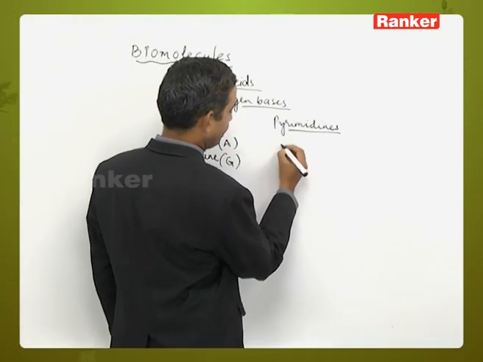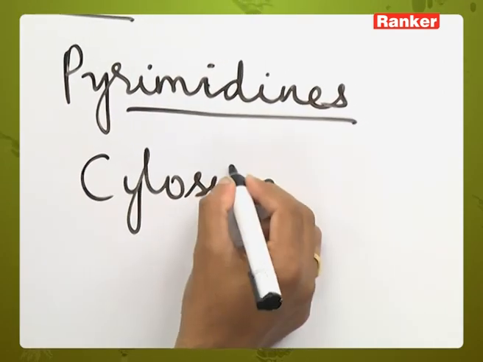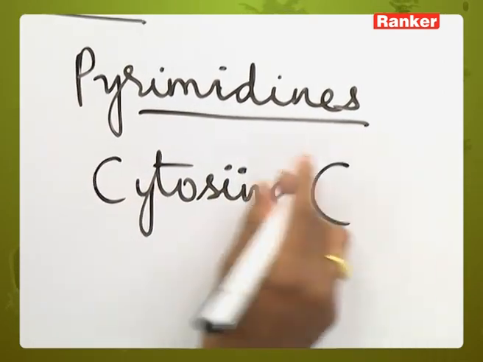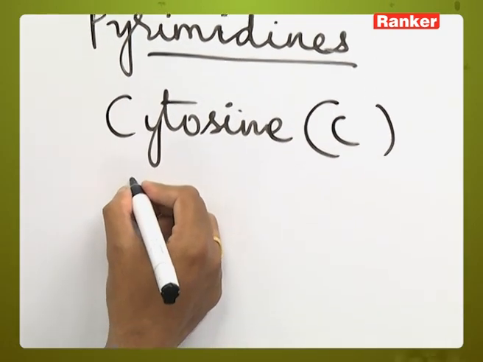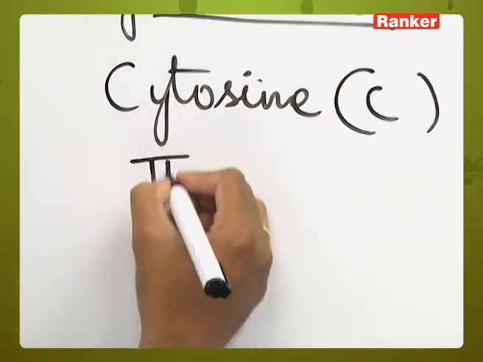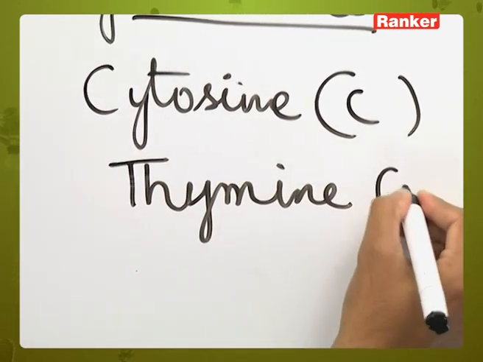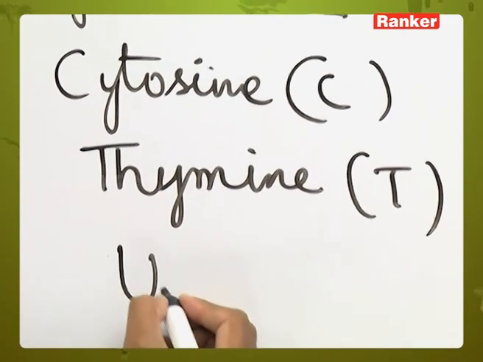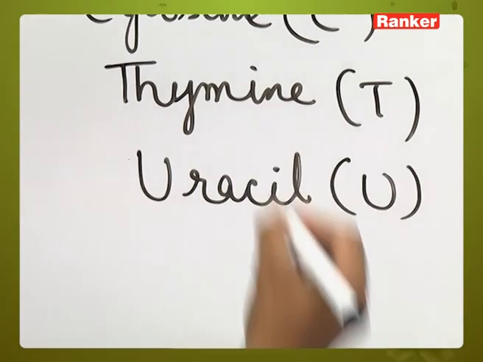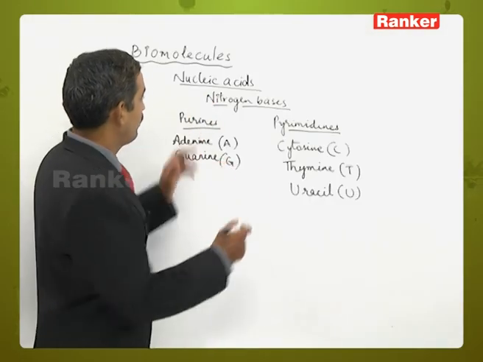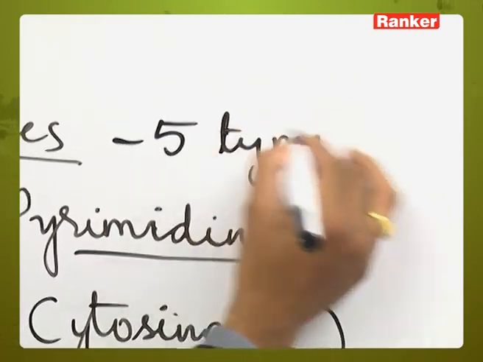Pyrimidines are cytosine, represented as capital C, thymine, represented as capital T, and uracil, represented as capital U. So total nitrogen bases are 5 types in the nucleic acids.